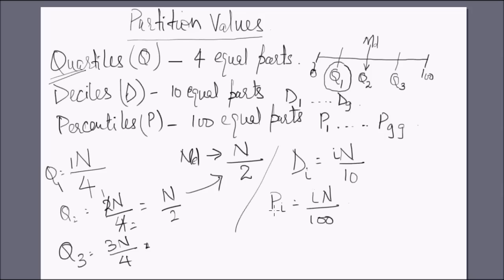So let's take a couple of problems and practice finding a few of these quantities. Now the case of raw data is trivial, and the treatment is same as that of the median. So let's take up a couple of problems and solve.